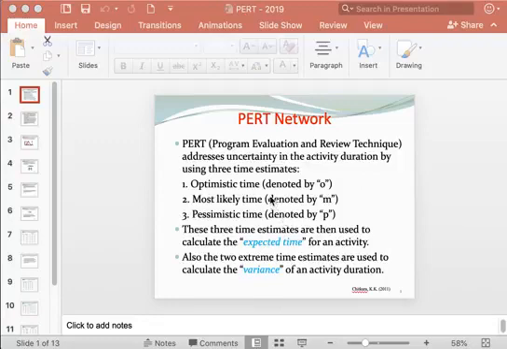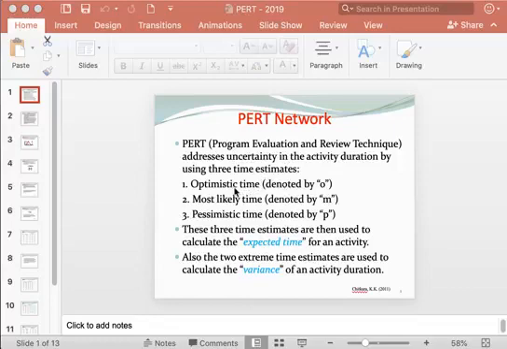These are called optimistic time estimate, most likely time estimate, and pessimistic time estimate. Optimistic time estimate is denoted by O, most likely time estimate is denoted by M, and pessimistic time estimate is denoted by P.